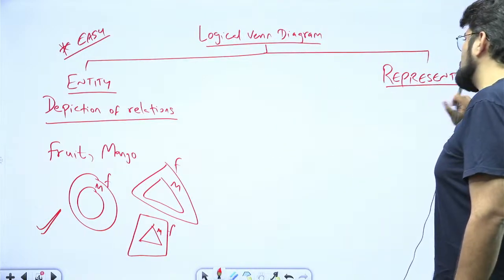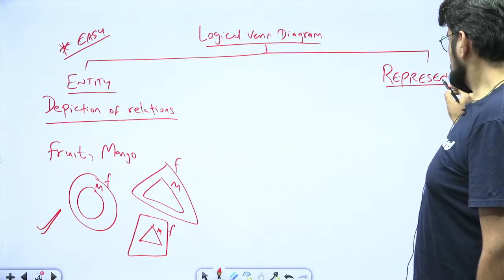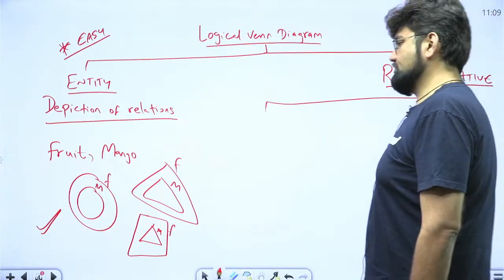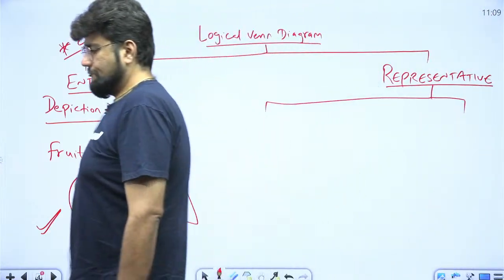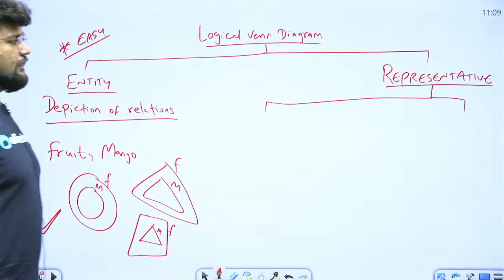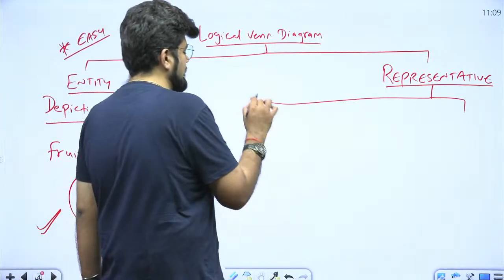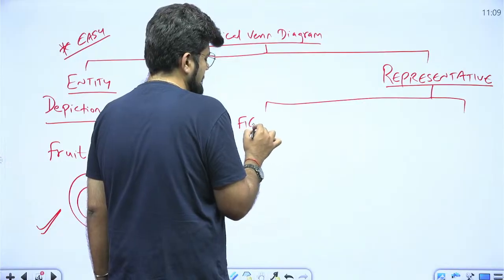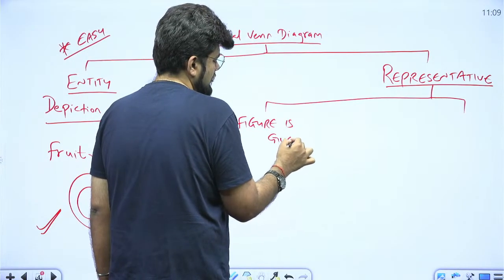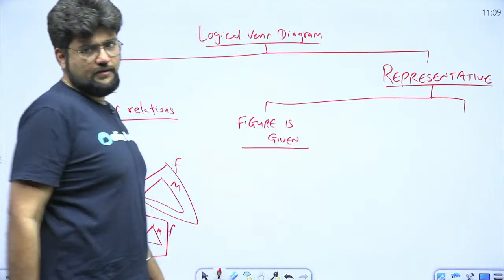Now, under the representative category, we have further 2 types of questions. Type number 1 is your simple representation where the figure is given. That becomes a very easy concept.